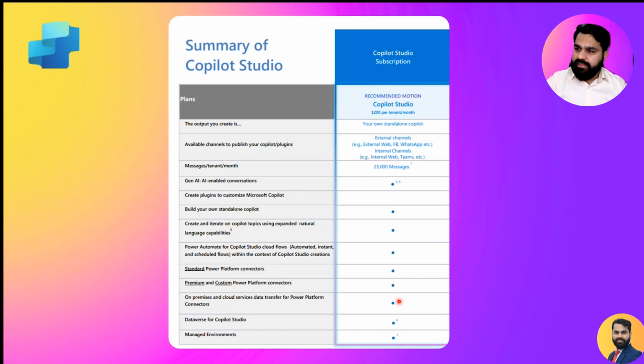On-premise data gateways, yes. Users will be able to access Dataverse for Copilot Studio. Yes, those are also included, so this Dataverse capability is also part of this. For managed environment, admin and governance capabilities will also be available.